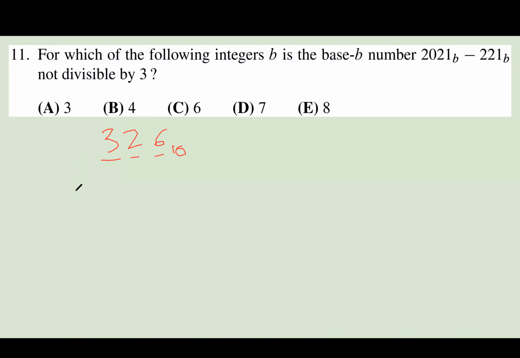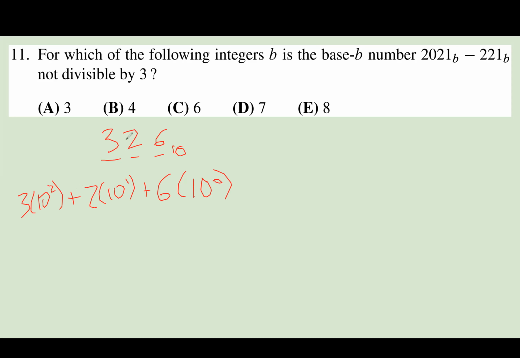So it's 6 times 10 to the 0 power, because it's 6 times 1. But the 2 is actually times 10 to the 1 power, which makes it 20. And the 3 is times 10 squared to make it 300.